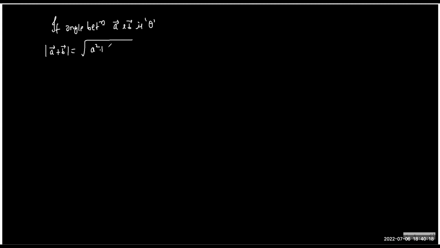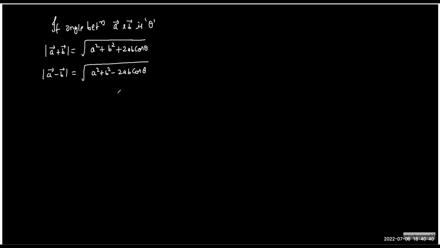A square plus B square plus 2AB cos theta. Very good. And at the same time, what will be A minus B? A square plus B square minus 2AB cos theta.